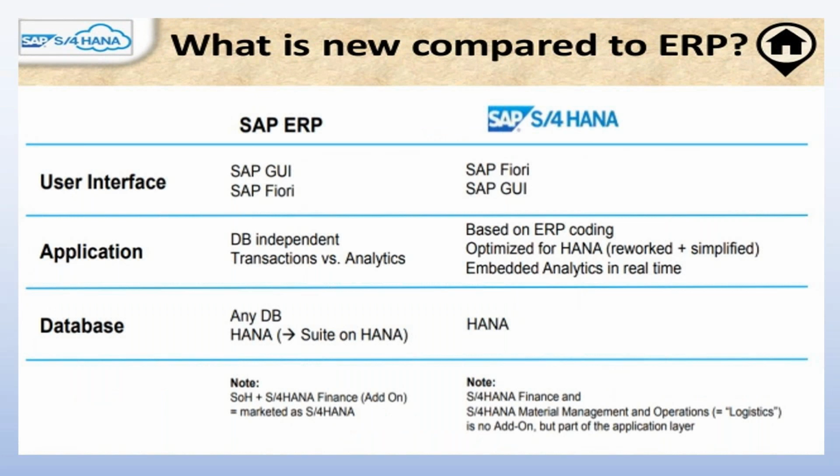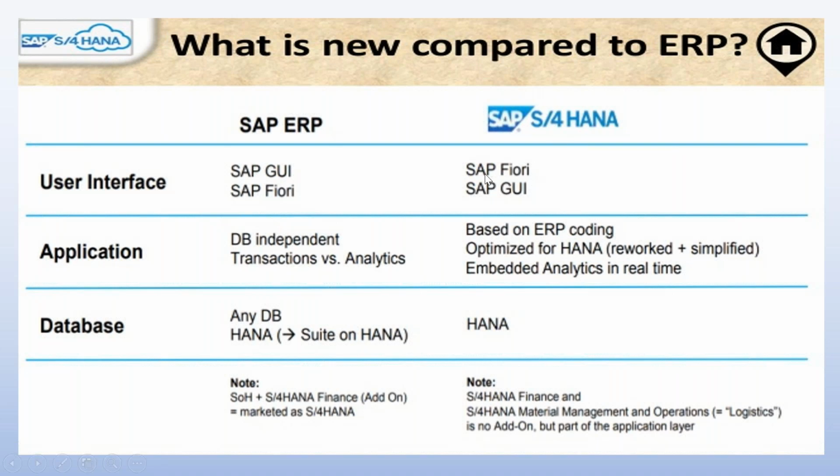Okay, so this is just an overview, a comparison. The user interface: obviously in ECC we were using the GUI, here also the GUI, but Fiori is secondary here, because very few customers started using Fiori when we were using ECC. The problem with Fiori in ECC was the connection. It was very difficult and too slow to use Fiori in the past.